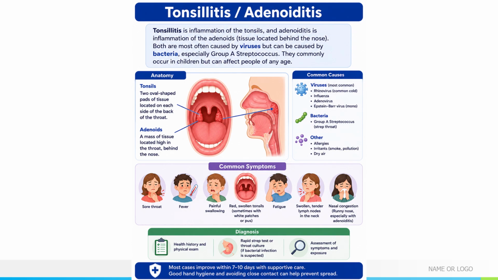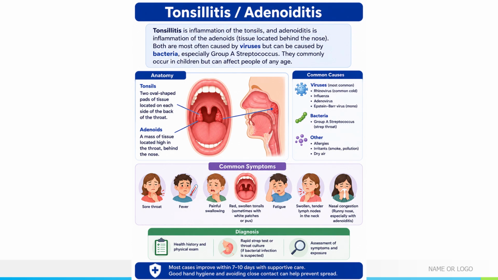So risk factors and causes: most cases are caused by viral infections. Some common viral pathogens include rhinovirus, influenza virus, adenovirus, the Epstein-Barr virus again. And the most important bacterial cause is group A streptococcus, again, because it requires antibiotic treatment to prevent complications such as acute rheumatic fever.